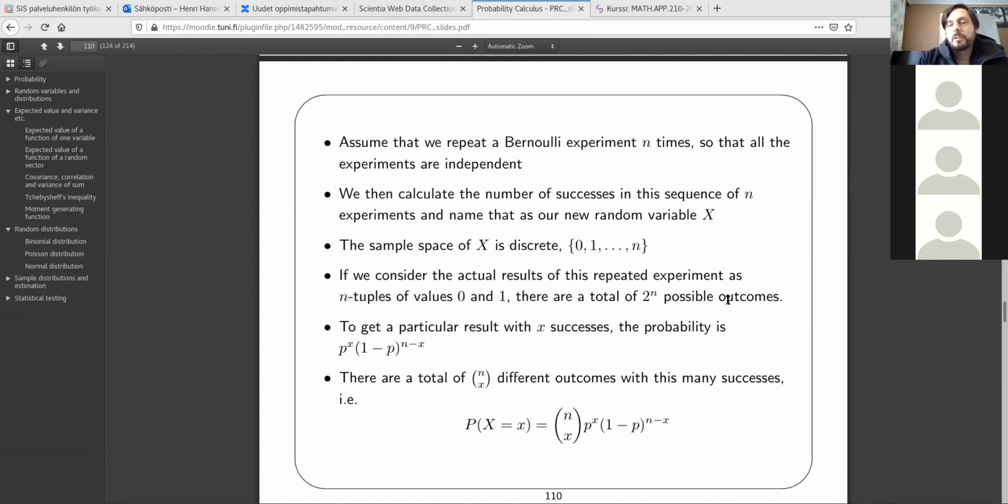We're not actually interested in the Bernoulli distribution itself. Instead, we are deriving other distributions from this Bernoulli experiment. Assume that we repeat the Bernoulli experiment n times so that all these experiments are independent. Think we tossed a coin n times, or we go to the grocery store, the supermarket, the movies, somewhere.